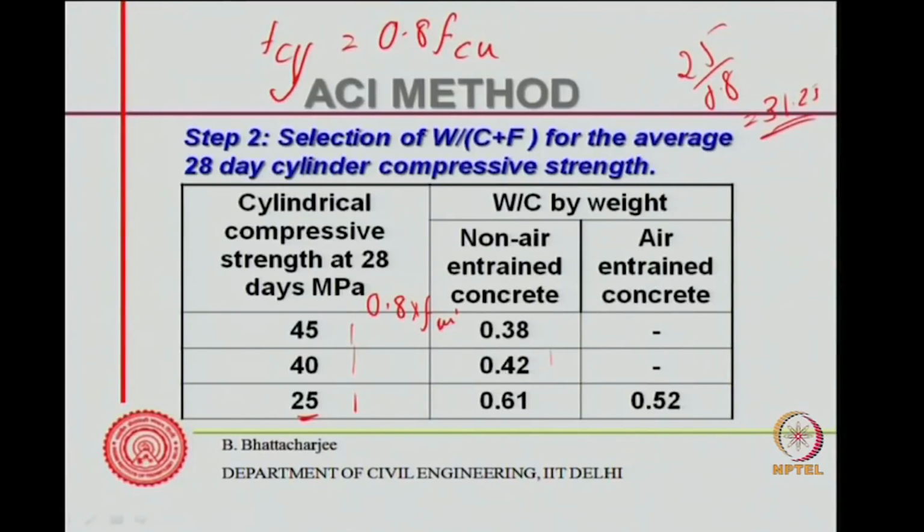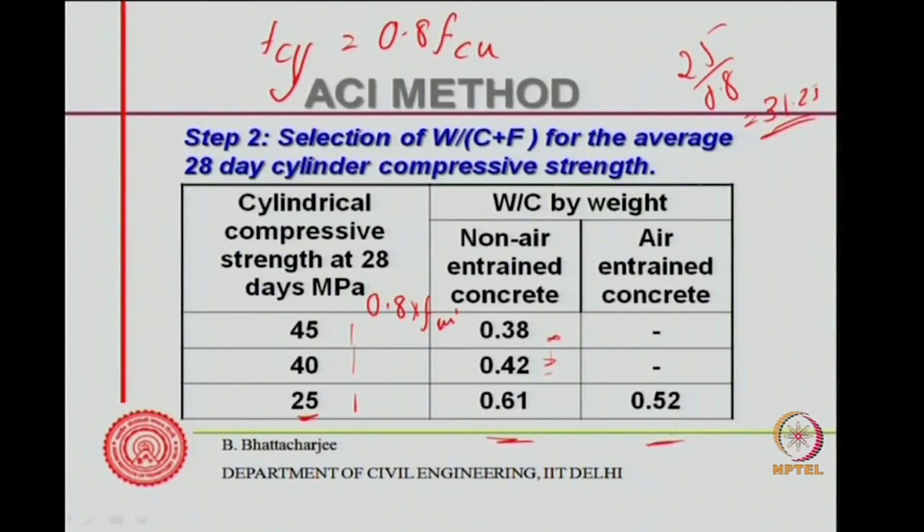So, 25 will correspond to M30 grade of concrete, close to that. So, for adopting this in Indian condition, you have to convert cube strength to the cylinder strength. So, correspondingly you can choose the water cement ratio given there, for non-air entrained concrete and for air entrained concrete.